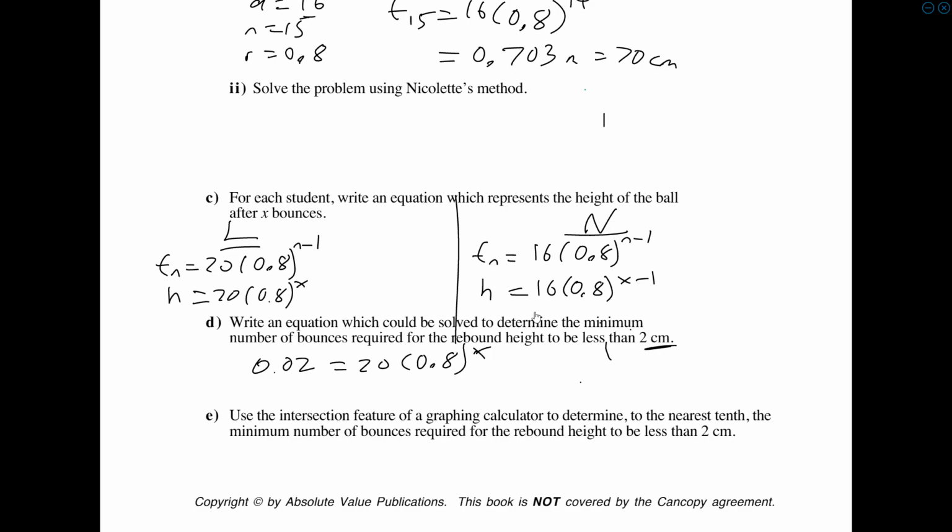And then you can try this. So at this point, we don't know how to use logs, so the best way to solve this is using your graphing calculator. Set y1, set y2.